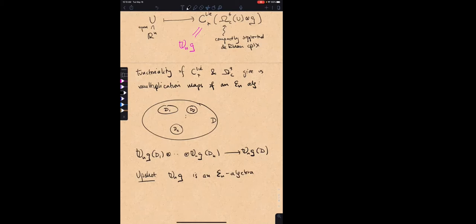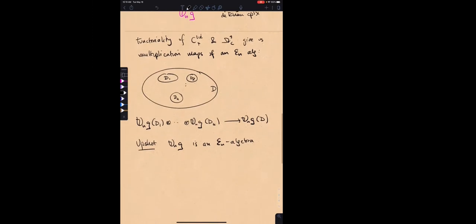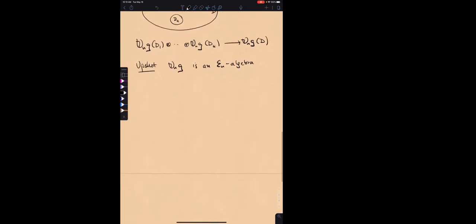Okay, so this is a nice concrete construction, but you might ask, why would I do this random looking construction? And there's a nice answer to that, thanks to Ben Knudsen. He actually shows that this construction has a universal property.